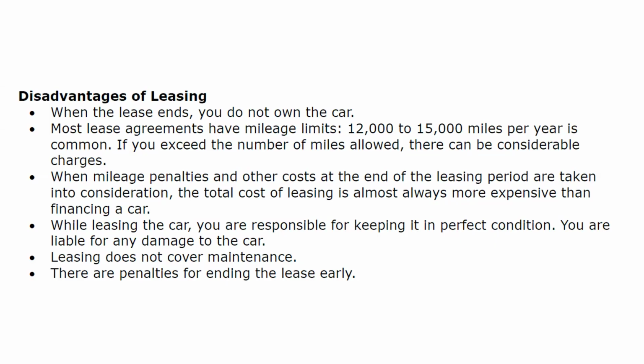When mileage penalties and other costs at the end of the leasing period are taken into consideration, the total cost of leasing is almost always more expensive than financing a car. So while leasing the car, you are responsible for keeping it in perfect condition, and you are liable for any damage to the car. So leasing does not cover maintenance, so there are penalties for ending the lease early.